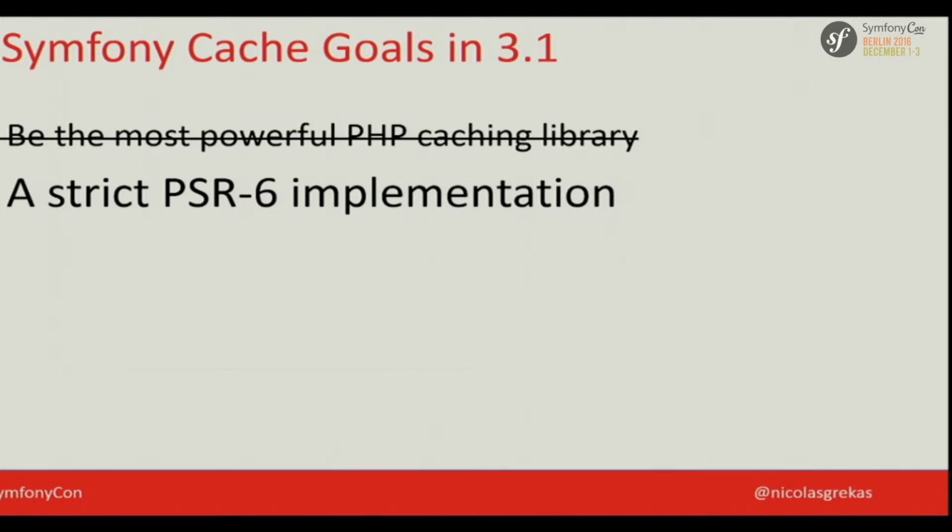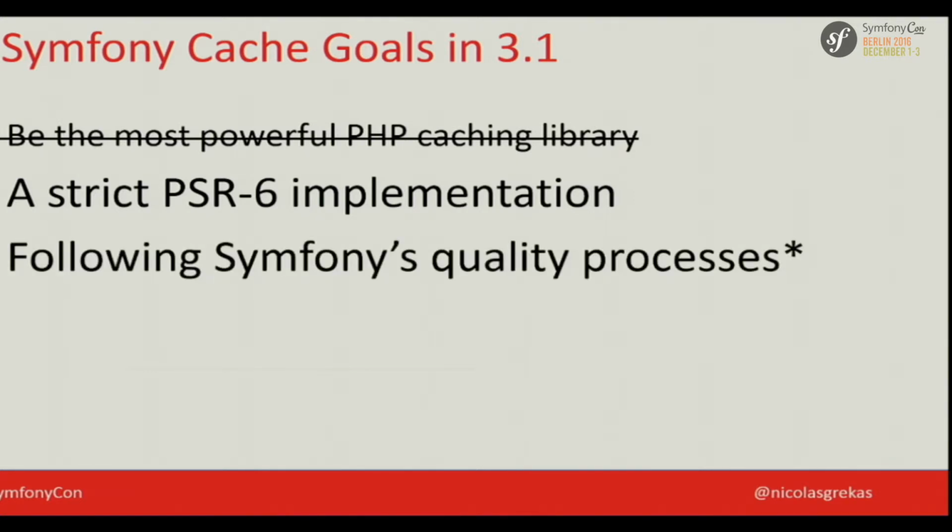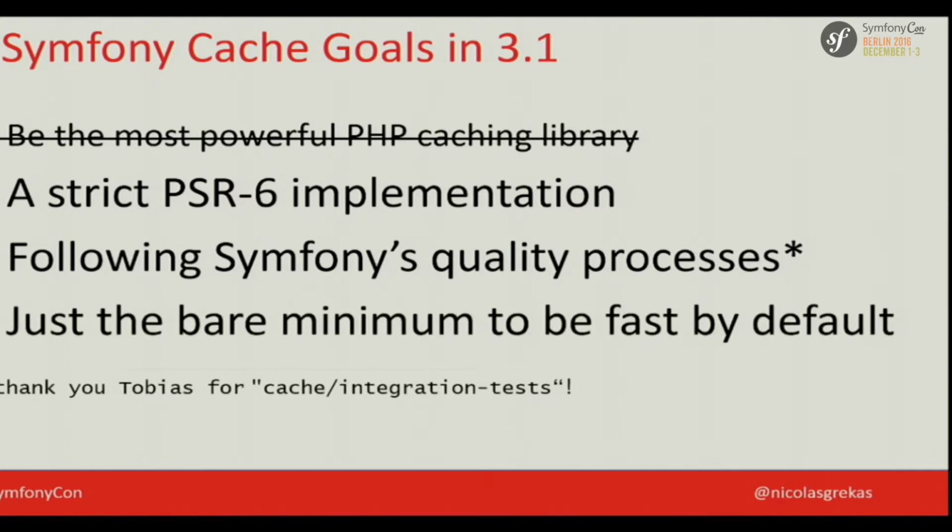We take PSR6 and we write code to have something that works with the interface. Of course, it's in the Symfony code base, which means it has to follow the Symfony quality processes: test suite, core team code reviews, double approval, and things like that. Backward compatibility promise, of course, and it's just the bare minimum to be fast by default.